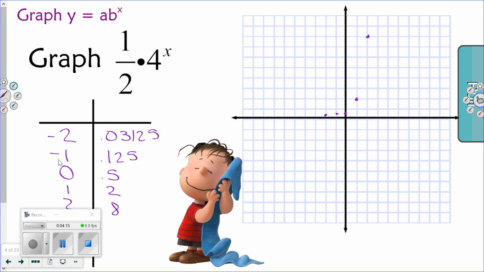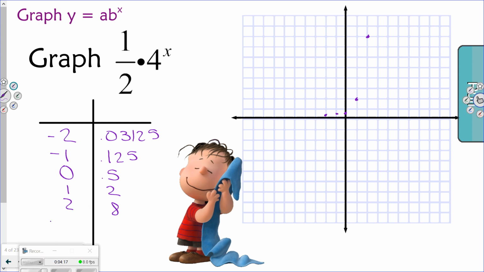For giggles, let's not go that big. Go -10. Just so we can see what's happening. Did it drop below the axis? Should be 4.7.